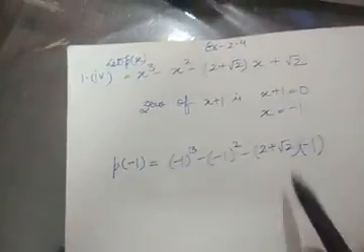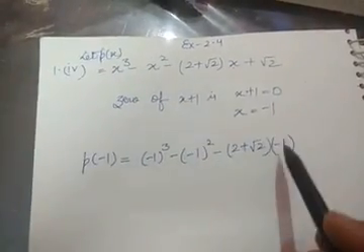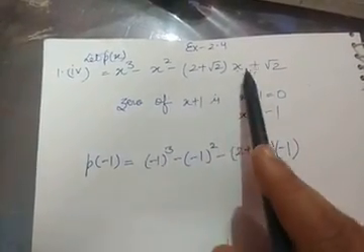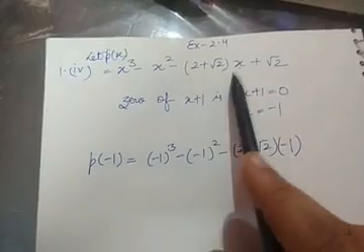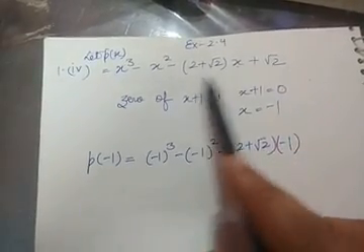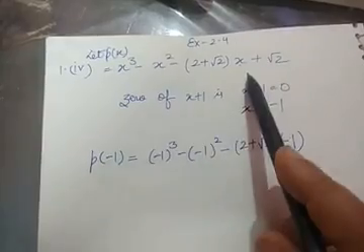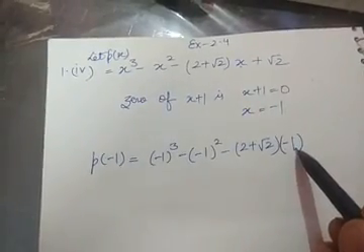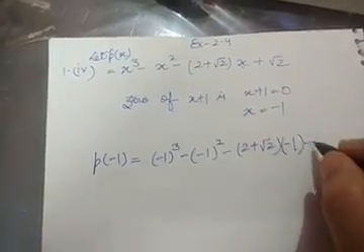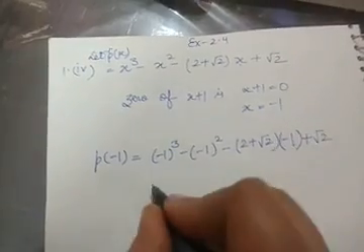Take care of this thing. Don't put minus 1 as it is, because then it will be a different term. And after that, solve it and plus root 2 as it is.